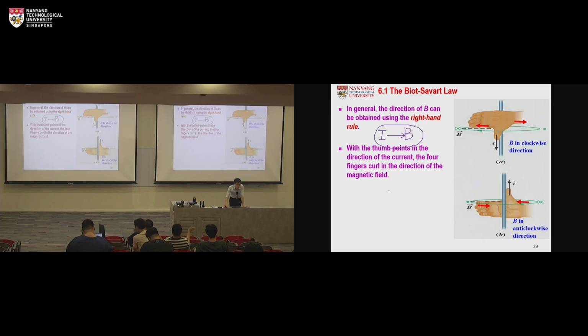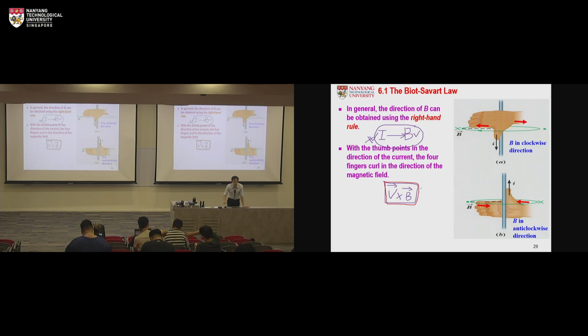So basically now we have two kinds of right-hand rule. One is to determine this, another is to determine this B, B coming from I. And this is also something for sure it will be tested.